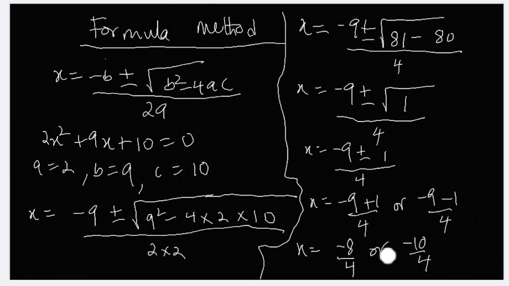So minus 8 divided by 4 gives us minus 2. X equals minus 2.